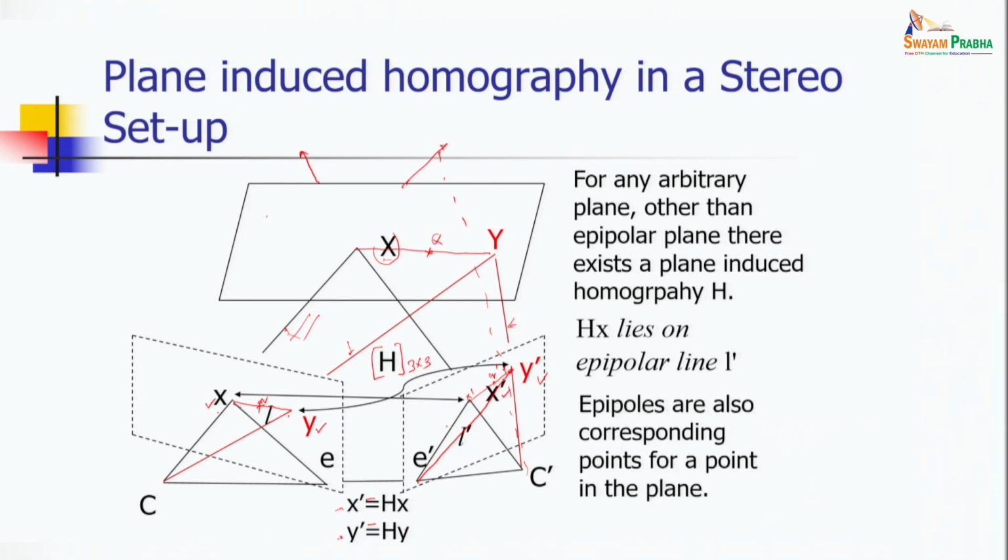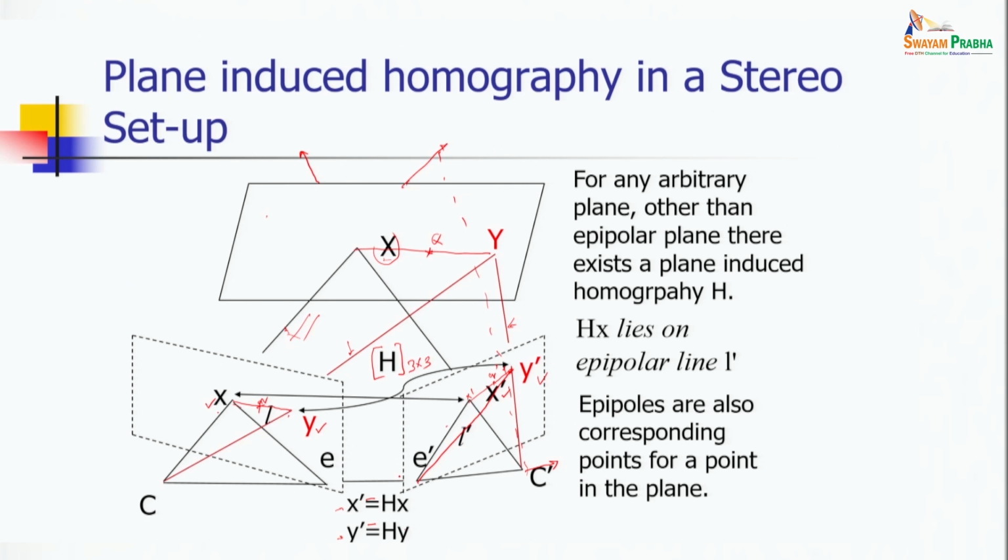The third is that epipoles are also corresponding points for a point in the plane. If I extend this line towards infinity, it will intersect at some point at infinity, and these points e and e prime also form a point of correspondence.